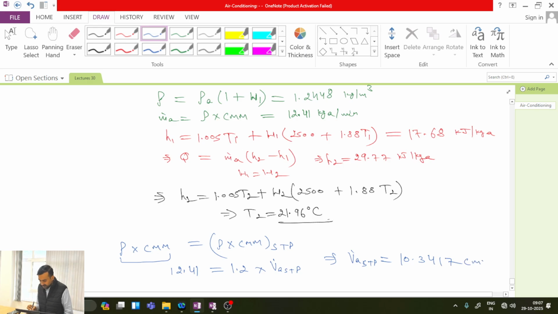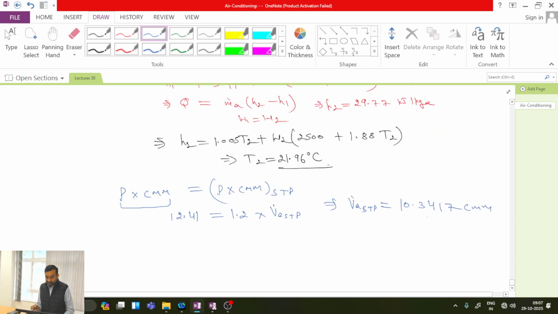Okay, CMM. Now what do you do? Substitute this one in the actual formula. Which formula? 0.0204 V dot A at STP into T2 minus T1, and calculate the value of T2. How much is it?